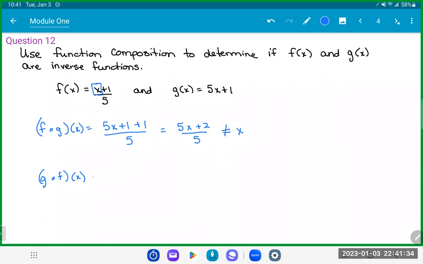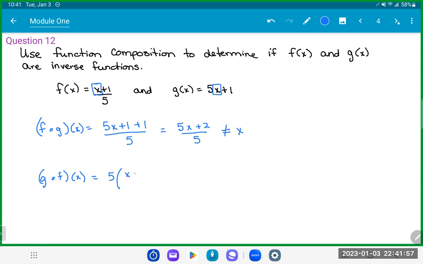Okay, so g of f of x: everywhere I have an x in my g function, I'm going to substitute in my f function. So I have an x right here. So I'm going to say 5, and now I'm substituting in my whole f function.